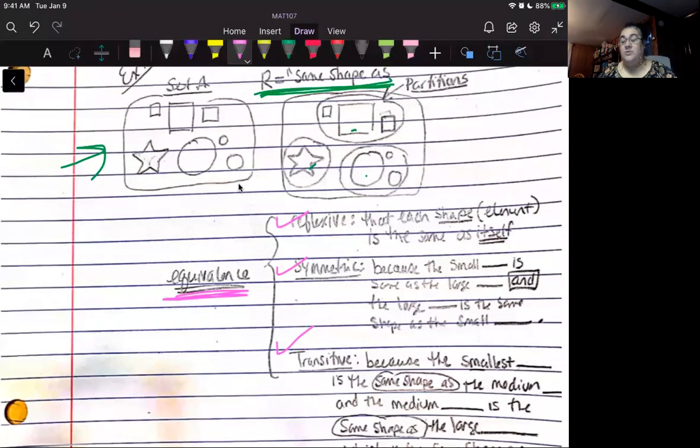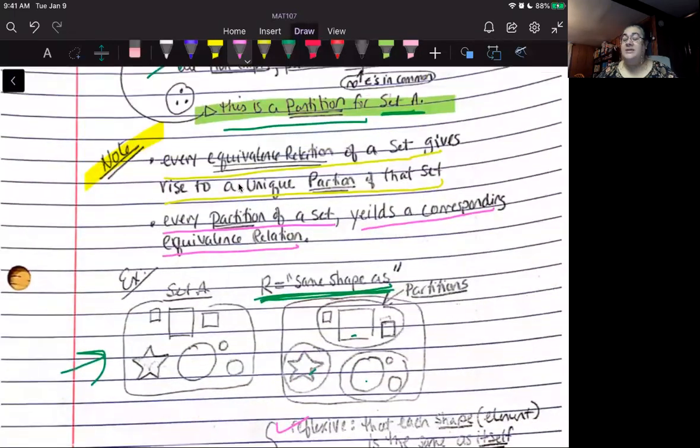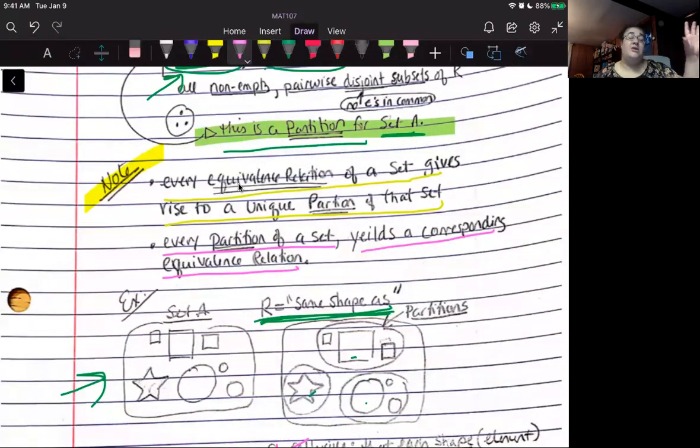And if it's an equivalence relation, then you know you have these unique partitions. What they're telling you in this note is, if you see that you have unique partitions, then you can say with confidence that this came from an equivalence relation. And if you have an equivalence relation, then you know it's going to have these unique partitions. So these two things always come together. If you see one, you know you have the other.